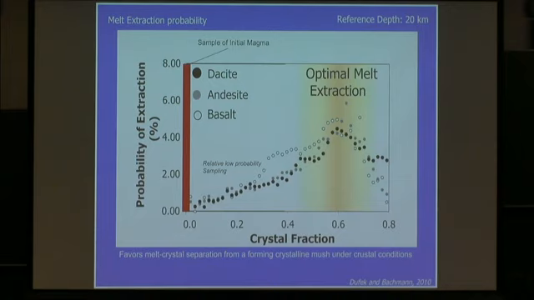We get this optimal extraction window, largely controlled by the thermal problem, but also modified a little bit by this drag issue. So you can move this around a little bit with different assumptions about drag, but it's not extremely sensitive to this. But we certainly could do better, I think.